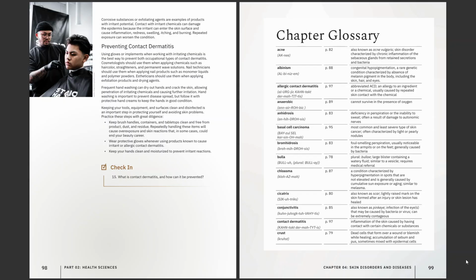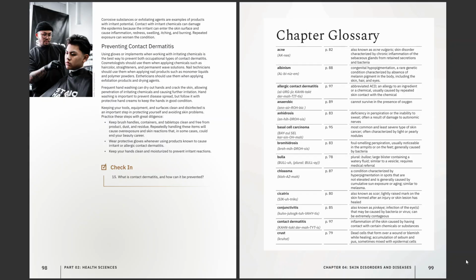Basal cell carcinoma, most common and least severe type of skin cancer, often characterized by light or pearly nodules. Bromidrosis, foul-smelling perspiration, usually noticeable in the armpits or on the feet, generally caused by bacteria.